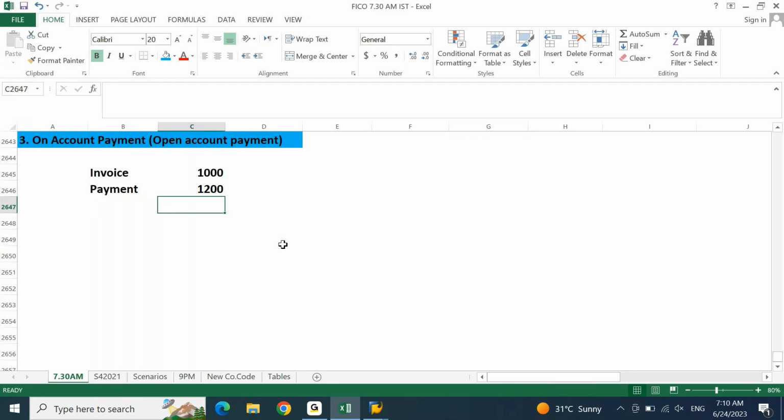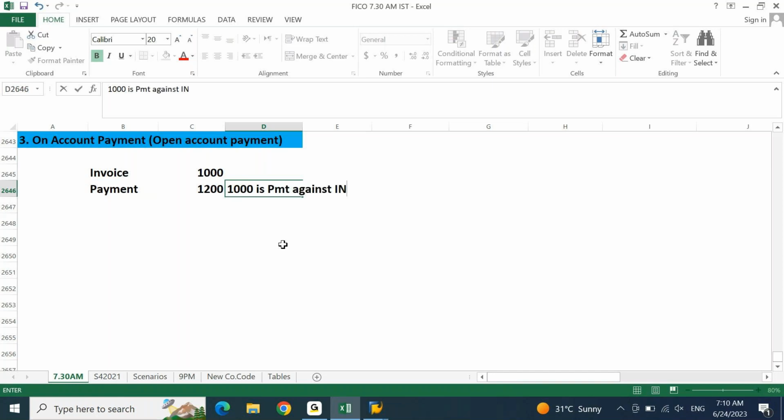In this case, 1000 is payment against invoice, 200 is on account payment. Correct? Out of this 1200, 1000 is treated as payment against invoice, 200 is treated as on account payment.